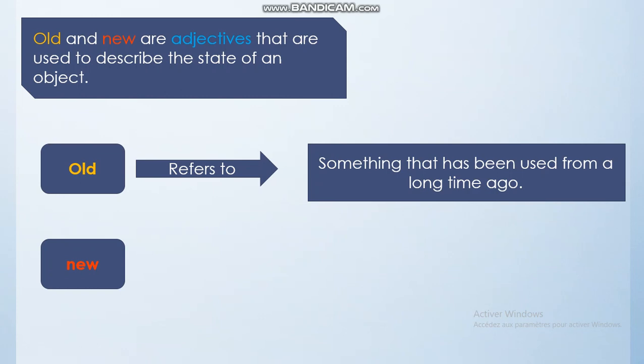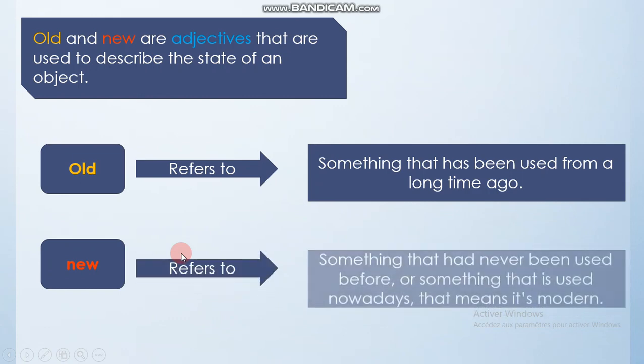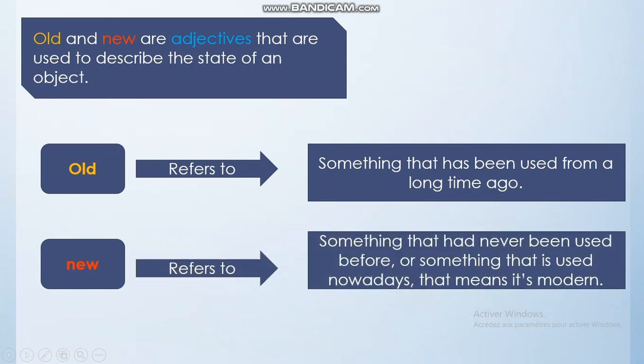And as I told you, it's something that has been used by your grandparents. But new refers to something that has never been used before, something that is really new, or something that is used nowadays. We use it today, which means it's modern.